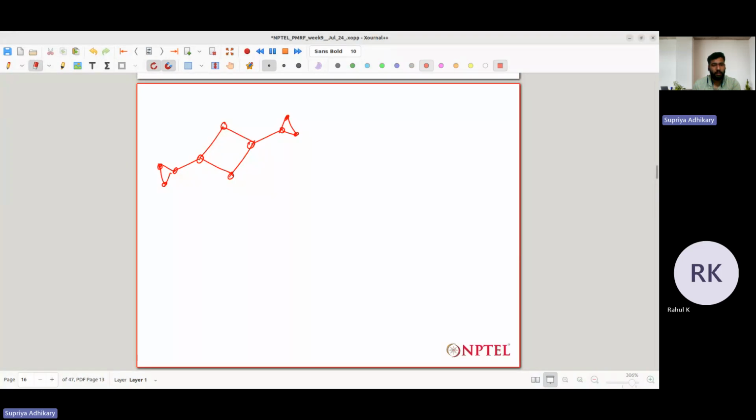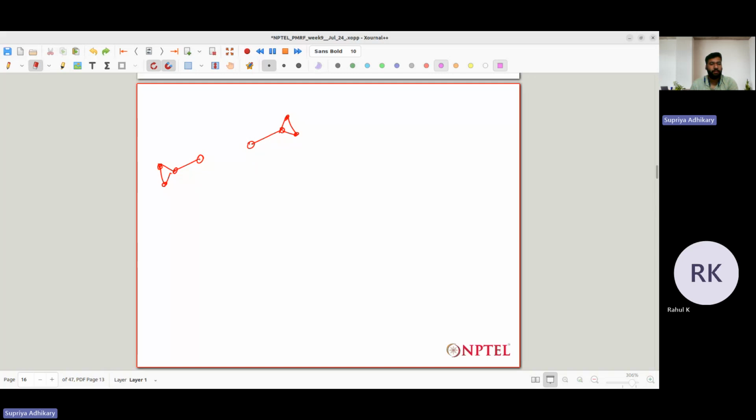Now, if we delete any one vertex, then this graph is still connected. I mean, sorry. So basically, if we consider a set with only two vertices, and if we delete this set, then what we will have is this.